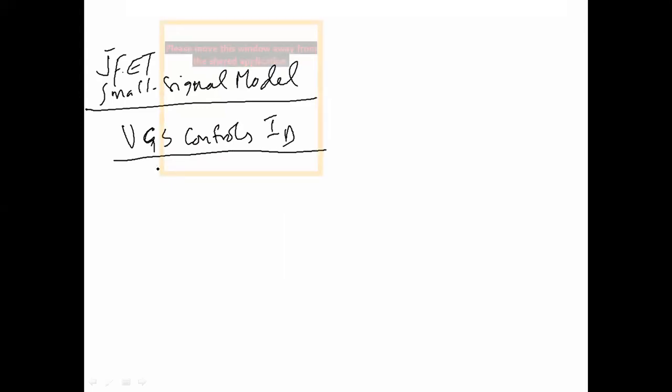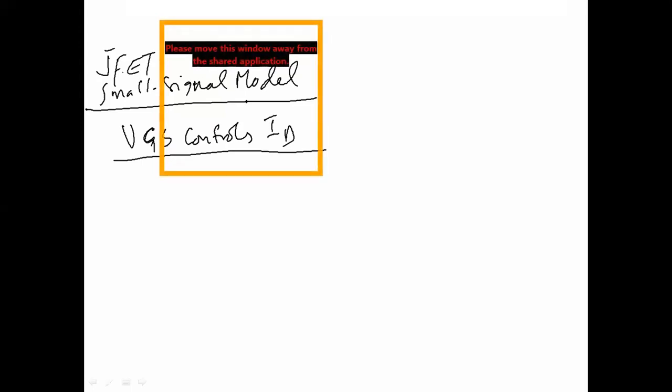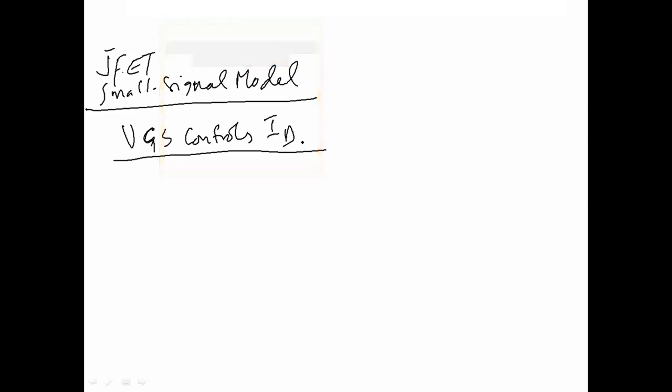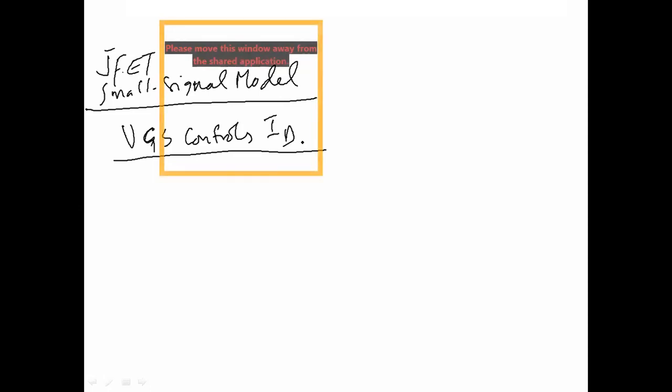So FETs are voltage control devices. So this fact should be reflected from the AC model. And this phenomena is represented by current source gm VGS. I'm not going to detail now, but you should be familiar with this phenomena. This fact, VGS controls ID, will be reflected as a current source gm VGS in the AC model.